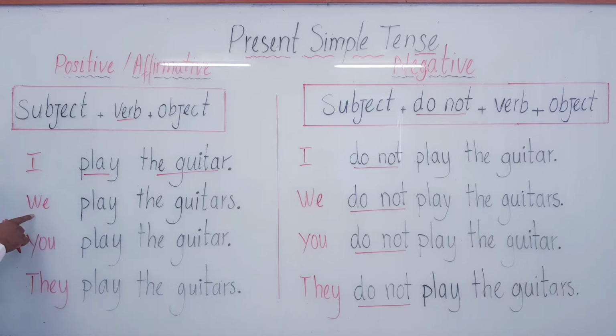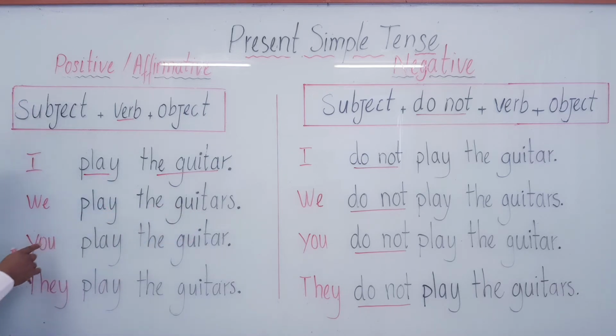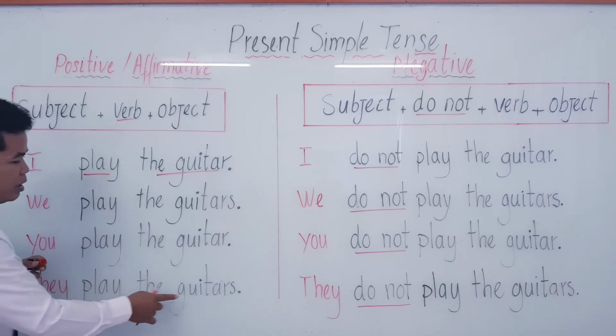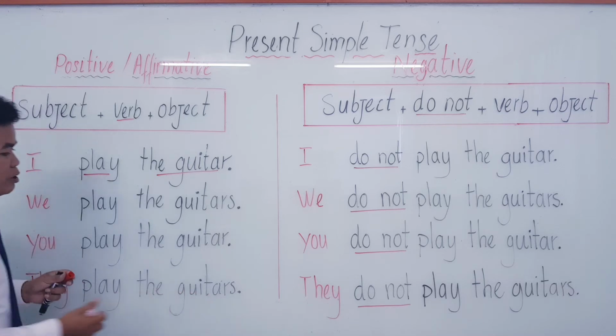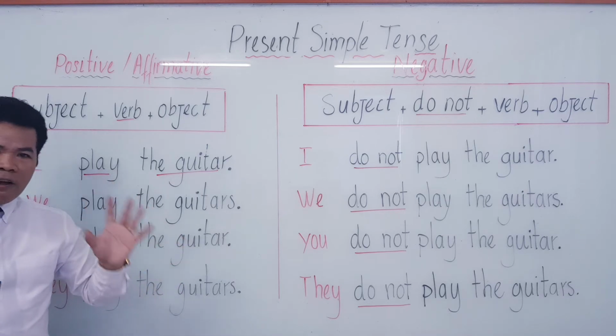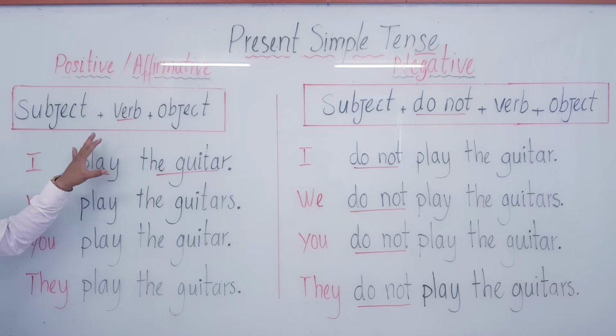And we go to another one. We play the guitars. You play the guitars. They play the guitars. So now, you can make other sentences by yourself by following the rule of the positive or affirmative sentence.